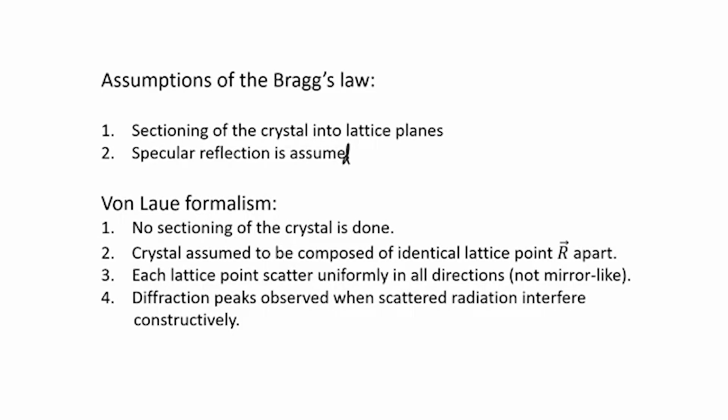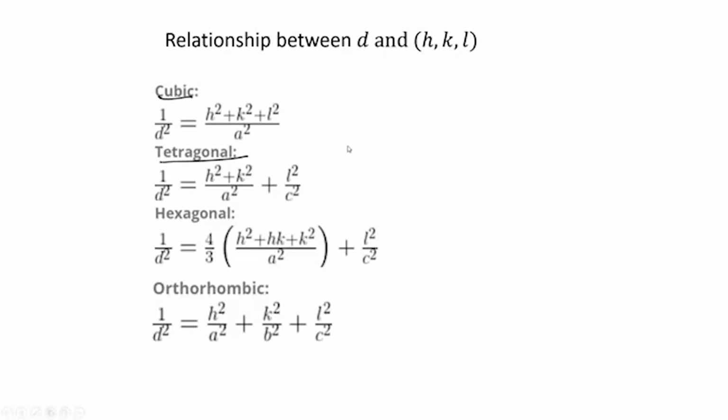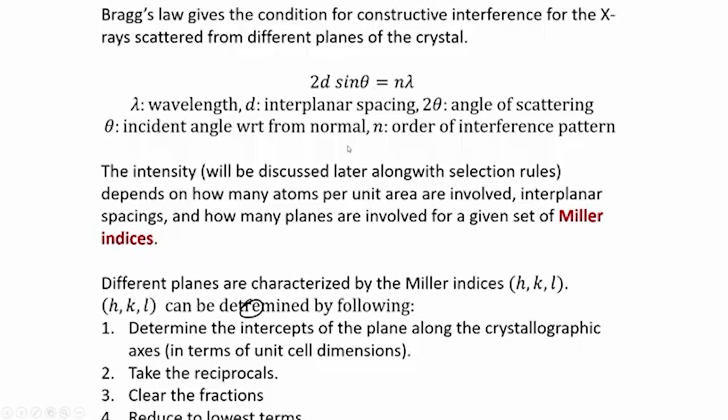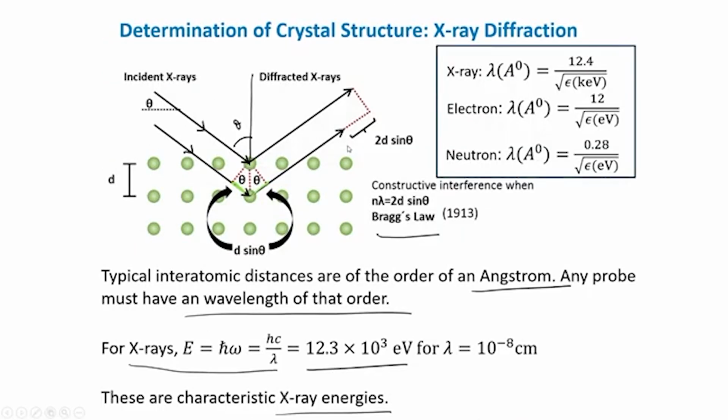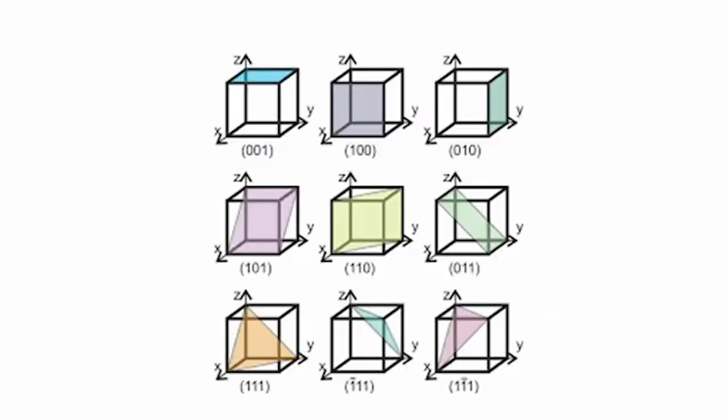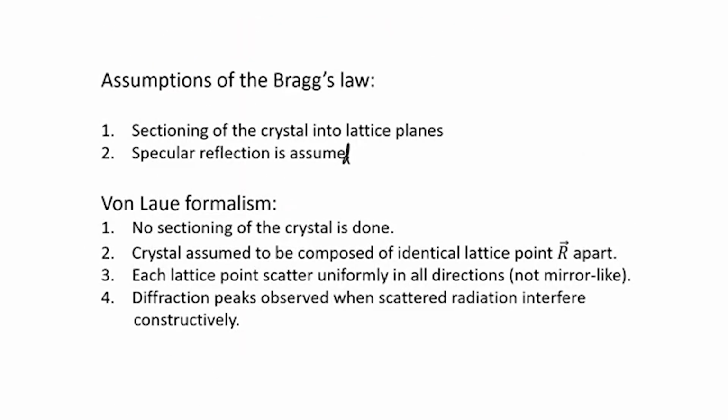We saw that figure in which the incident angle is theta with respect to the normal, and the scattering angle is theta as well. That gave rise to the extra path difference of these red dotted lines, which are d sin theta and d sin theta, giving 2d sin theta. So these two are the main assumptions of Bragg's law.